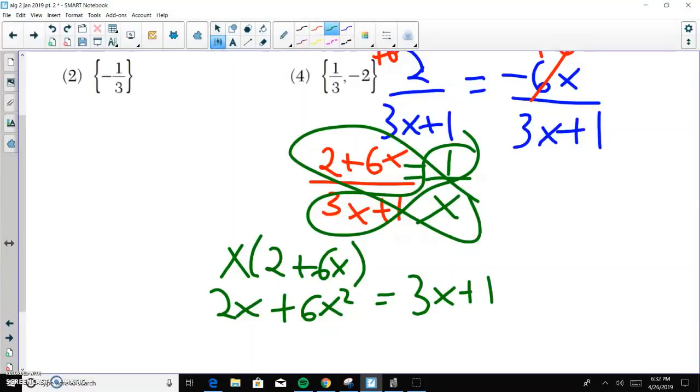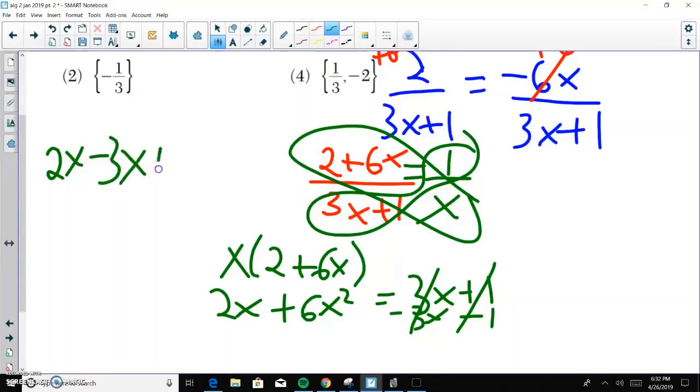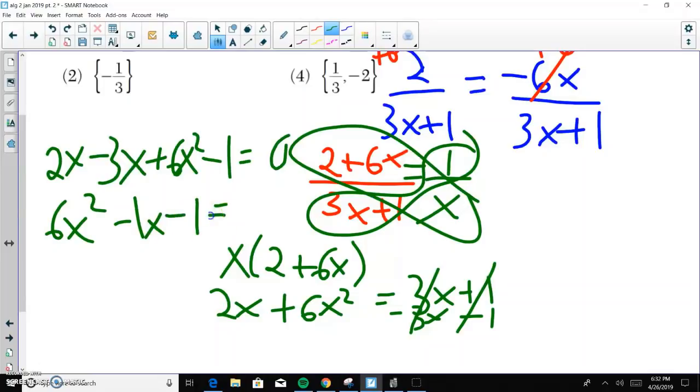So now what we have to do is subtract 3x and subtract the 1. So then you get 2x minus 3x plus 6x squared minus 1 equals 0. So you could put those together and do 6x squared minus 1x minus 1 equals 0.